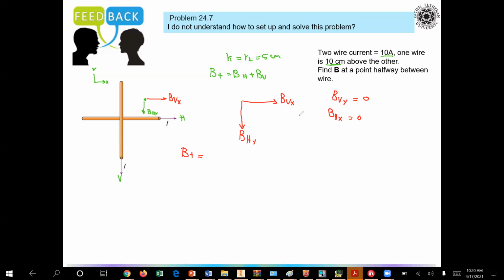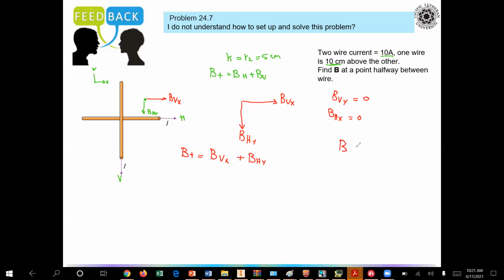So the only components I have are X for vertical and Y for horizontal. So it should be B vertical in X plus B from the horizontal in the Y direction. Again, this is vector addition, not algebraic. What about the formula for B?